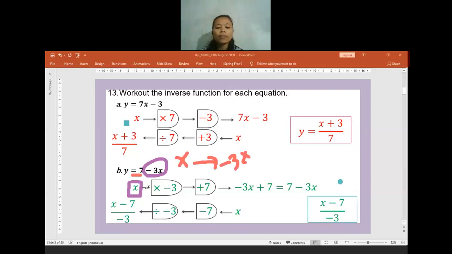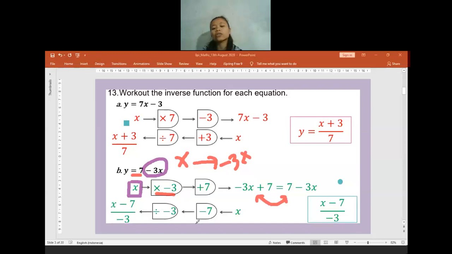That's why here it becomes times negative 3. After that, the number 7 is positive, so it will be plus 7. So it will be negative 3x plus 7, or I can write it another way, 7 minus 3x, because these two expressions have the same value.